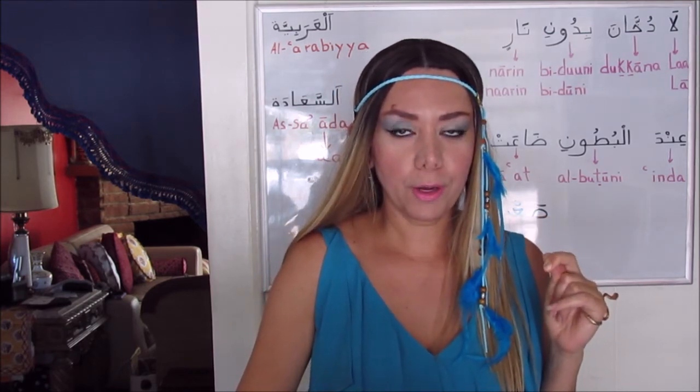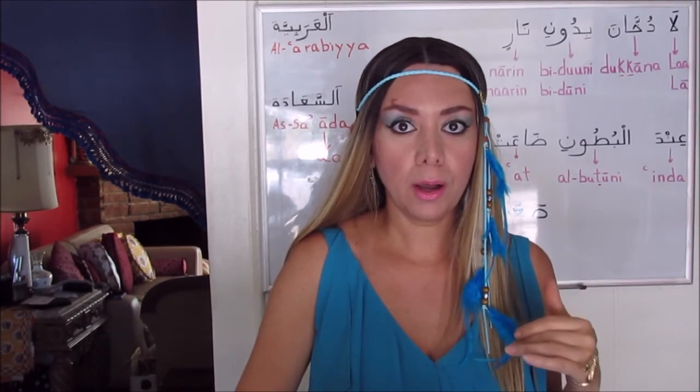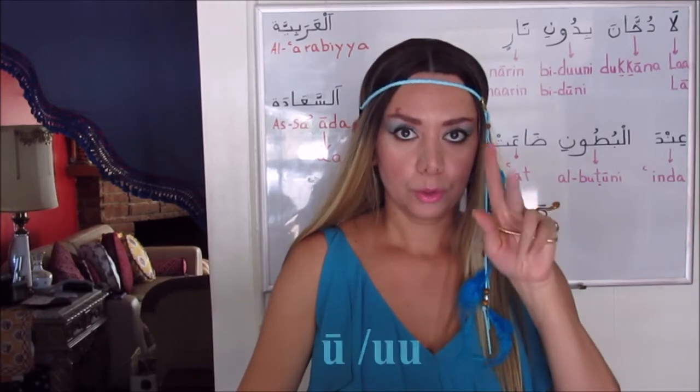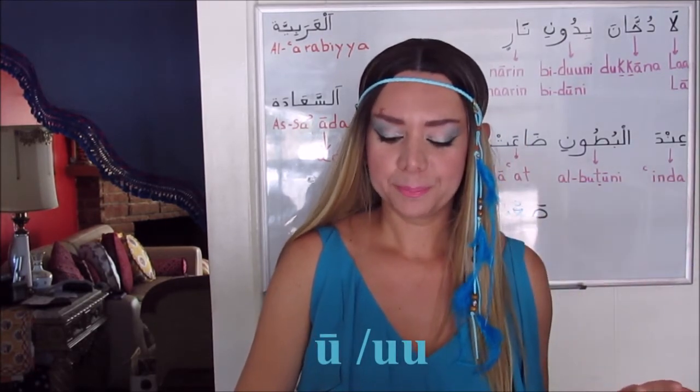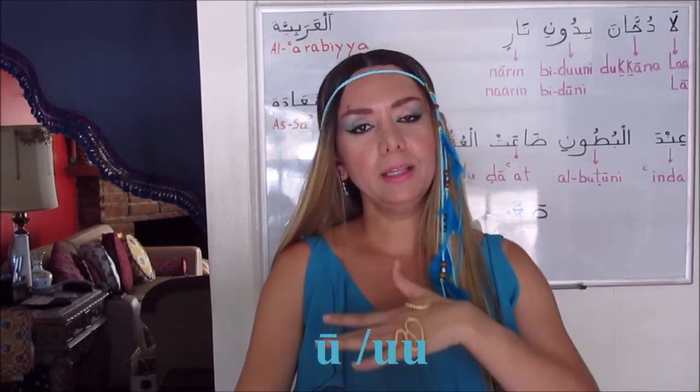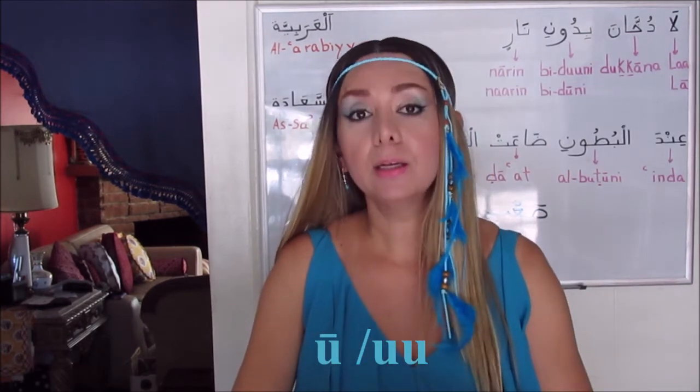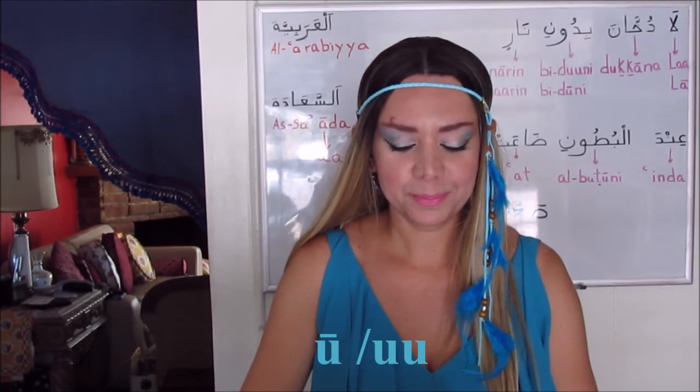For the long vowel fatha, as in father. And double U, to use, for the long vowel dhamma, or an overlined U, as in smooth.